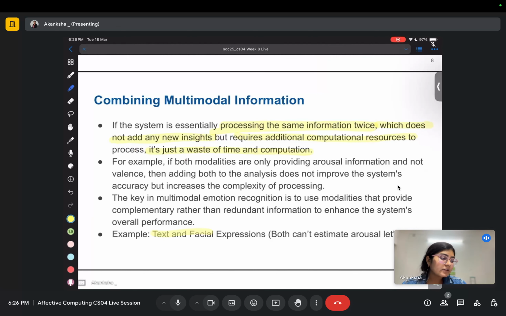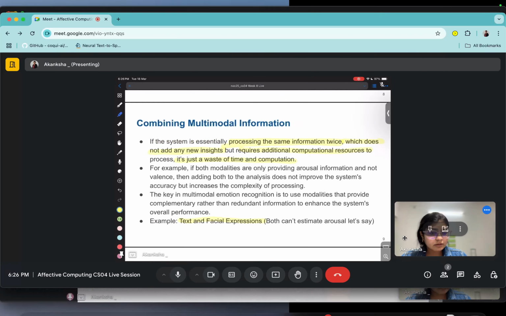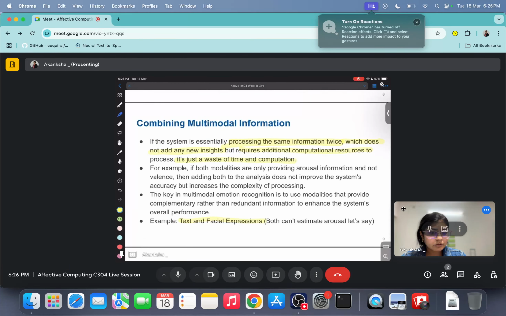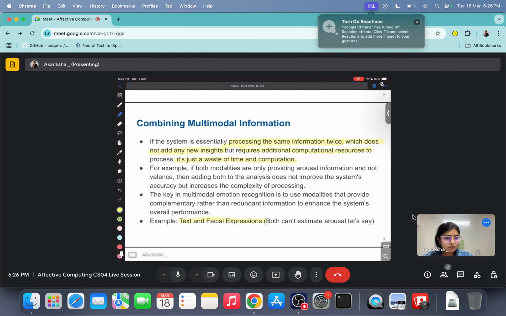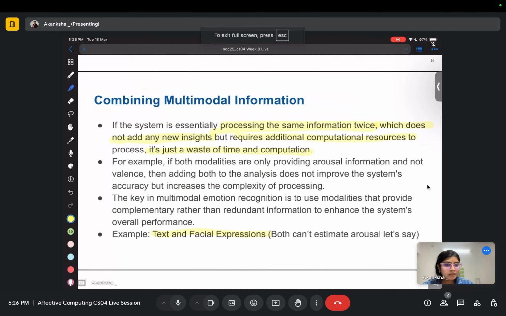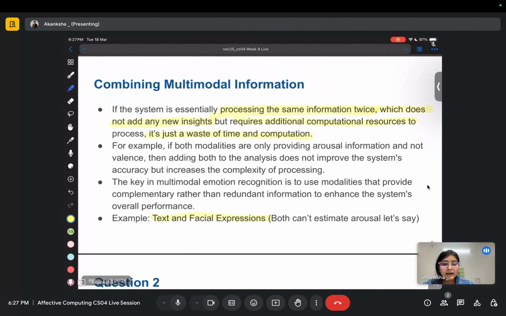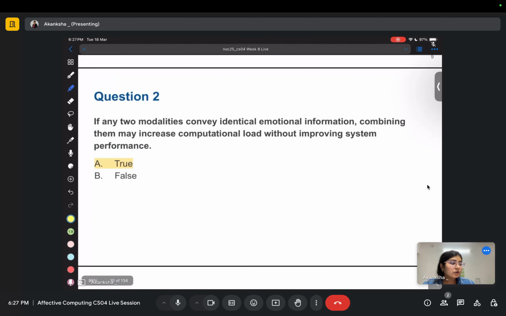Let's say text and facial expressions cannot estimate the arousal state. So combining text and facial expressions might be redundant and just a waste of computational resources.